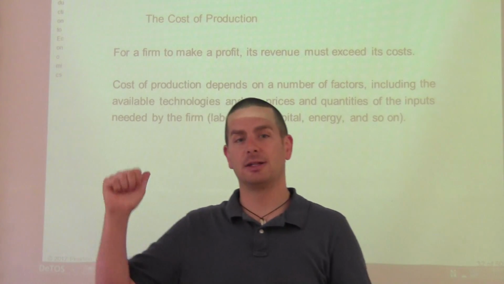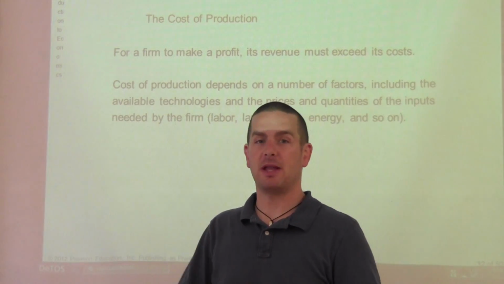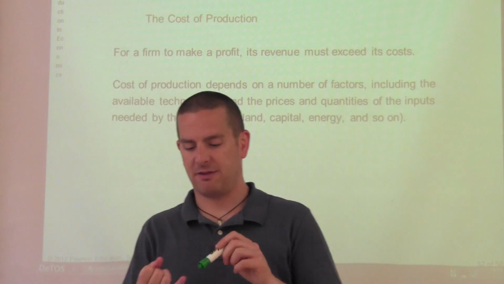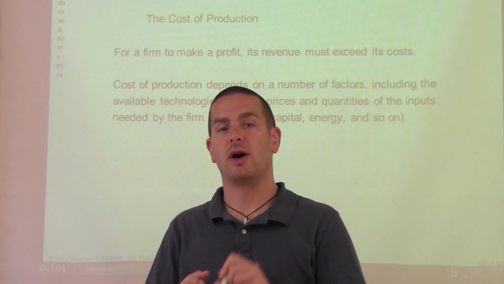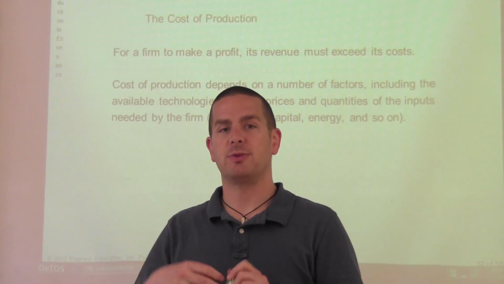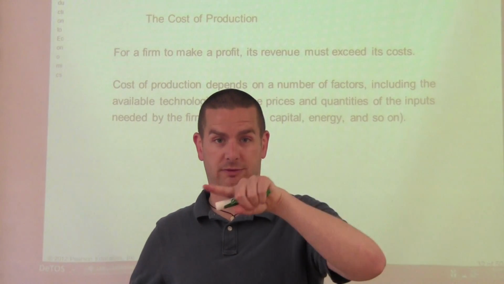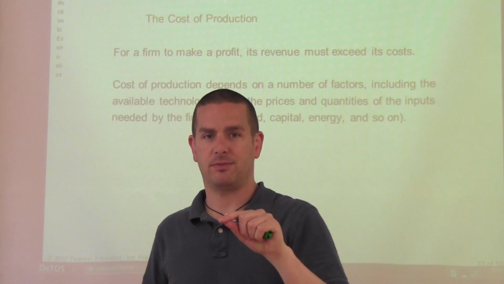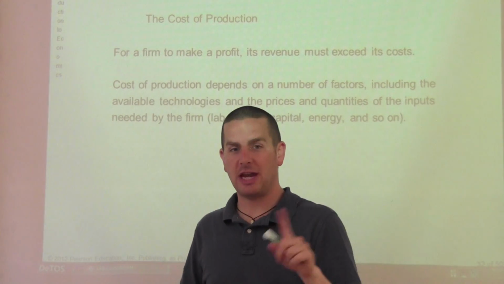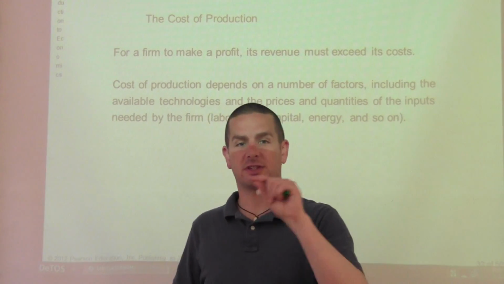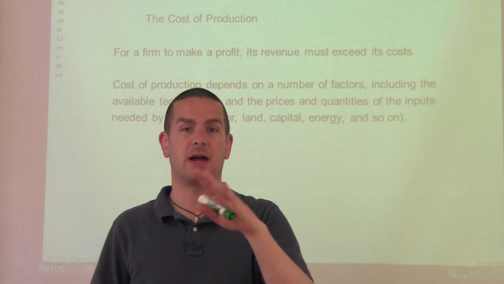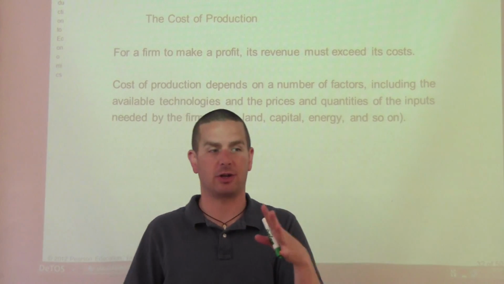The analog for supply is that if price changes, quantity supplied changes, which means there's a movement along the curve. However, if anything else changes, it shifts supply. It changes supply, which means there will be a shift of the supply curve.